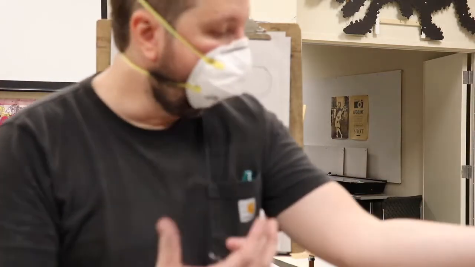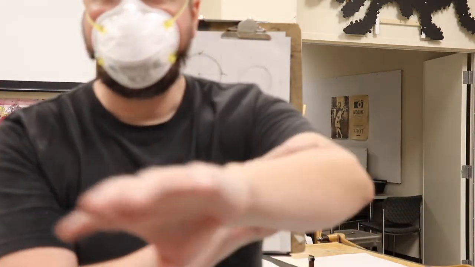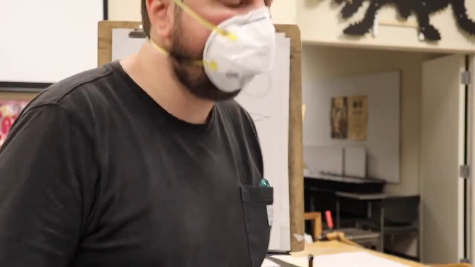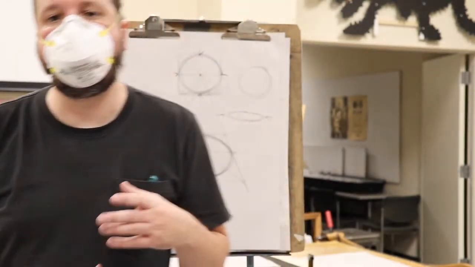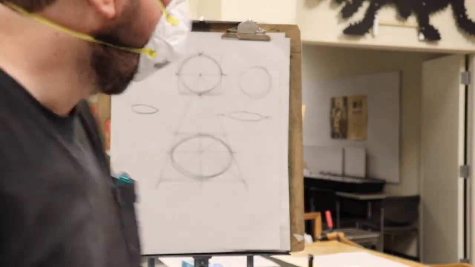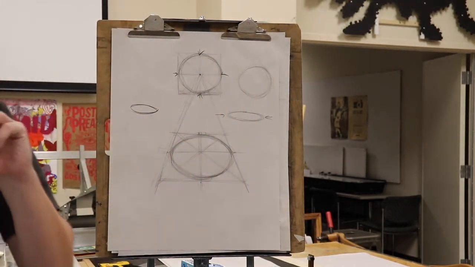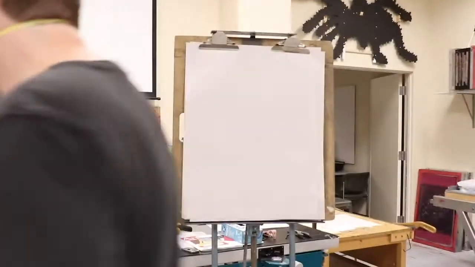You look at our body, these are cylinders, and cylinders will fit inside of boxes. Over the course of this semester, we'll talk more about that. Today, we're just focusing on cylinder shapes. So let's start talking about how we're going to apply this to drawing actual objects.